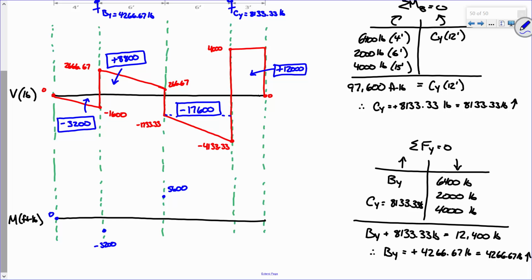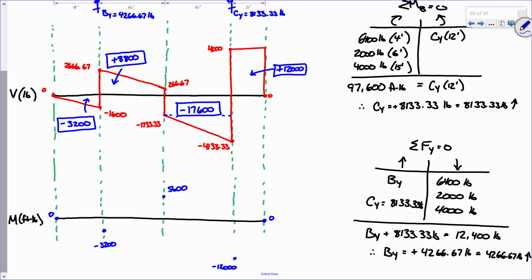Negative 12,000. So maybe I got to drop that down somewhere about right here. If I'm at negative 12,000 and I go up 12,000, what's that put me at? 0. Now, is everybody okay with that?